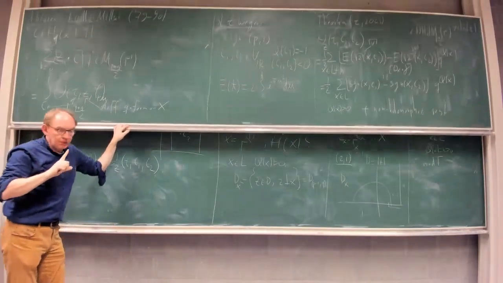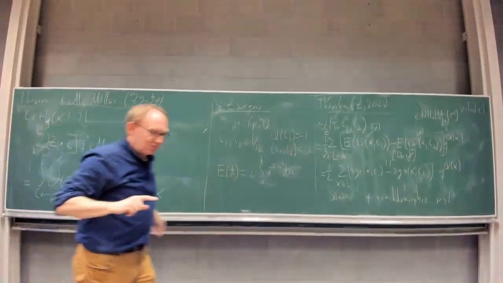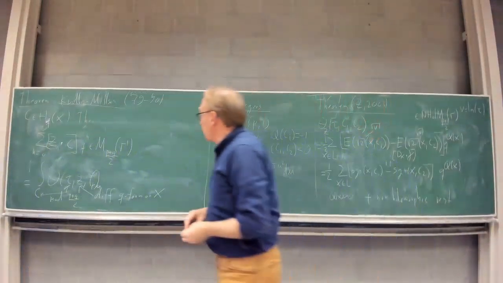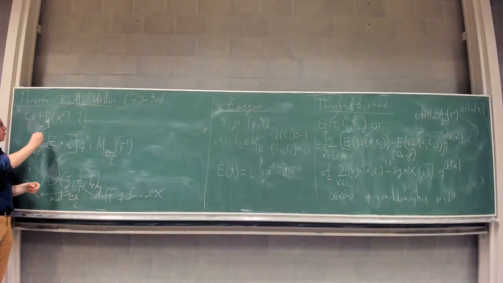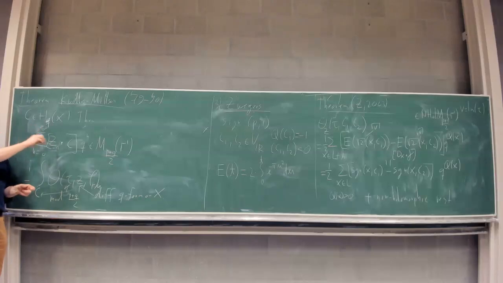Yes, indeed. So that is something that actually comes in. So here, of course, these cycles are relative cycles. That means you can only pair them with compact cycles. Of course, now you would like to extend this to the appropriate compactification.